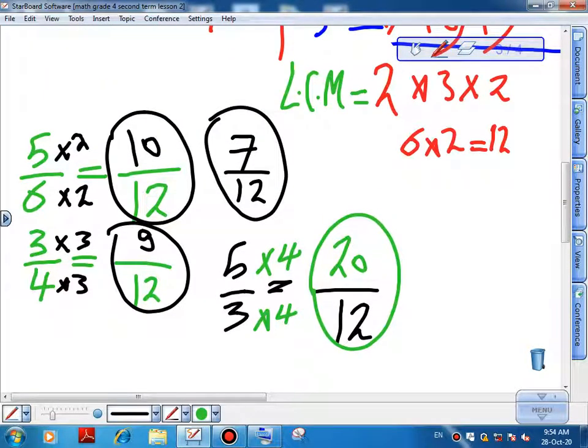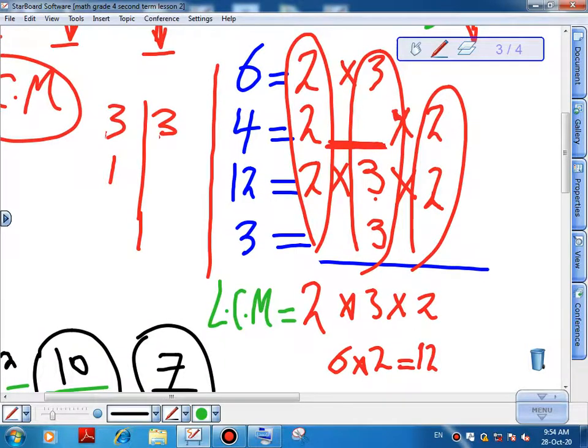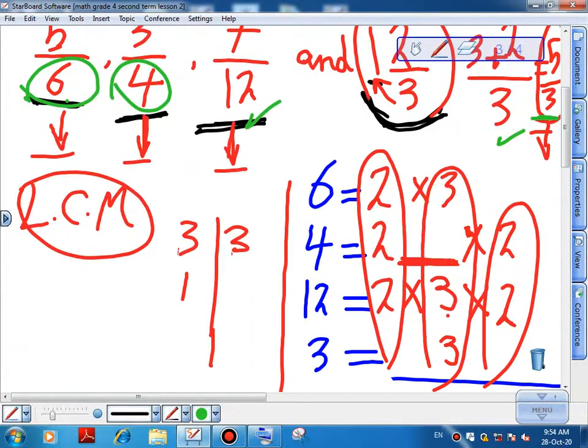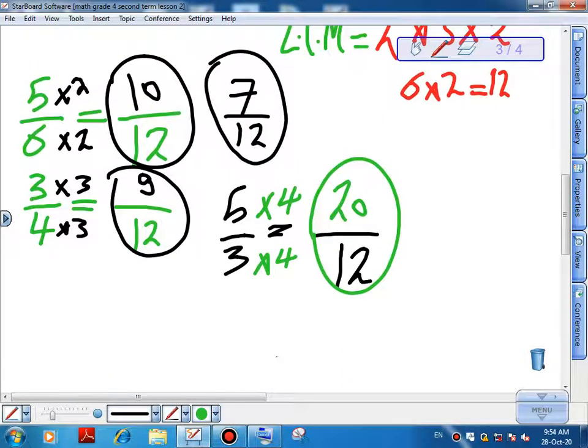All fractions have the same denominator, 12: 10 over 12, 7 over 12, 9 over 12, 20 over 12. In this case, we can arrange these fractions in ascending or descending order. The question says that we need to arrange these in descending order, from the greatest to the smallest.